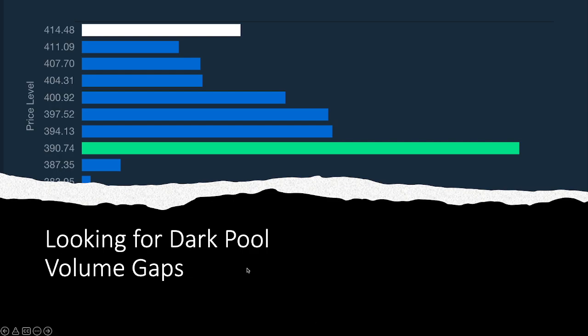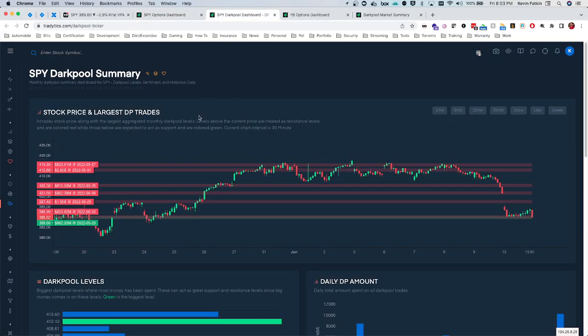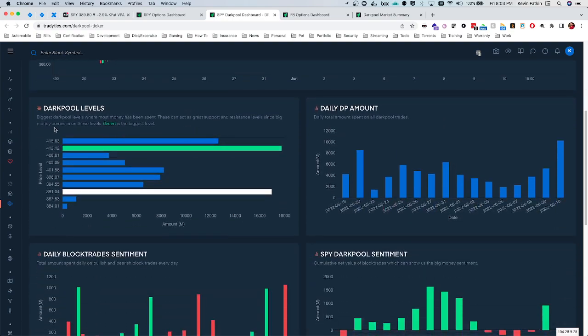So you'll see that you can also look for dark pool volume gaps, and what we mean by that is if we go to this dark pool dashboard, you can see that we have dark pool levels here, and you could see that there's two areas that had the most amount of volume for the dark pool, and then everything else in between was nowhere near as close as the green line and the white line.